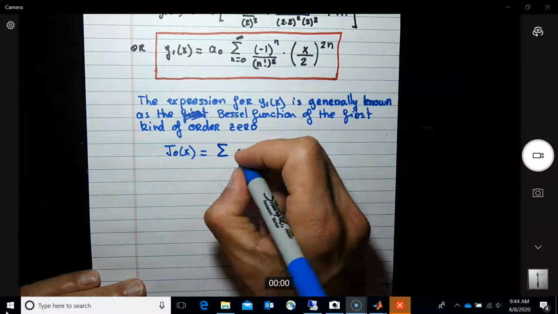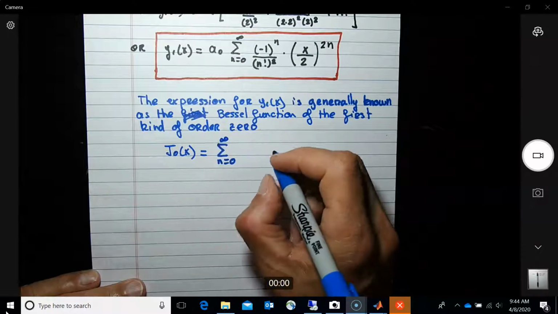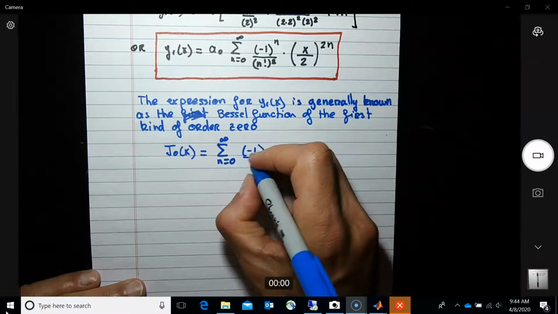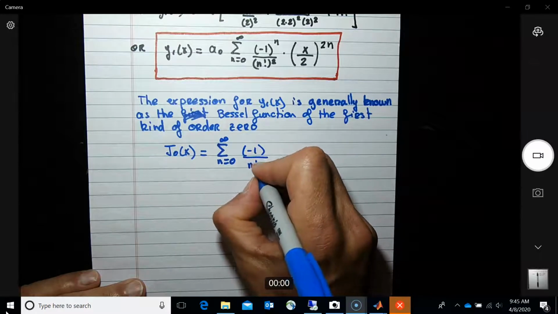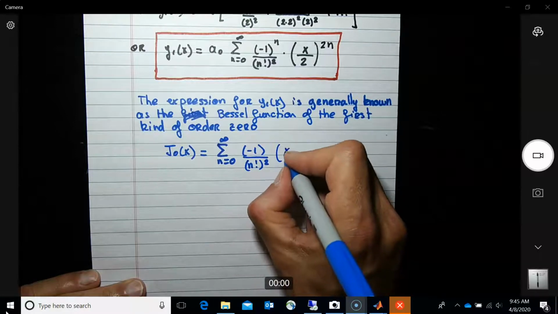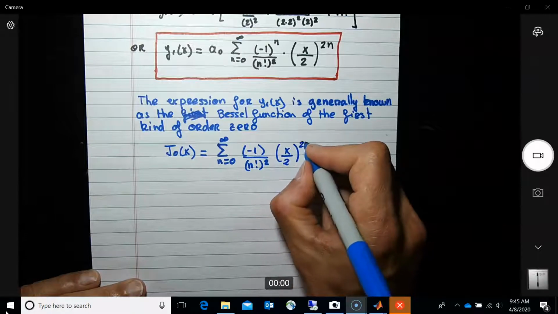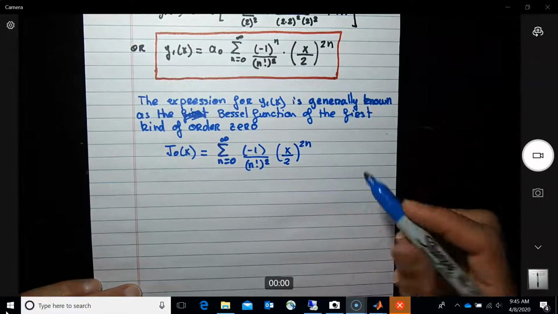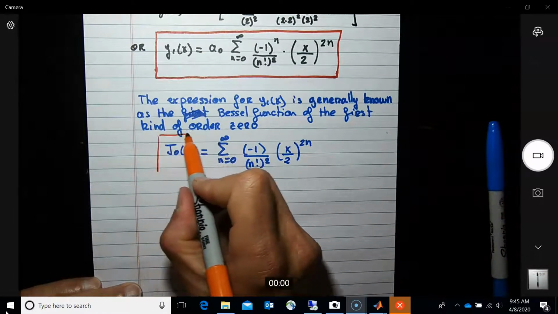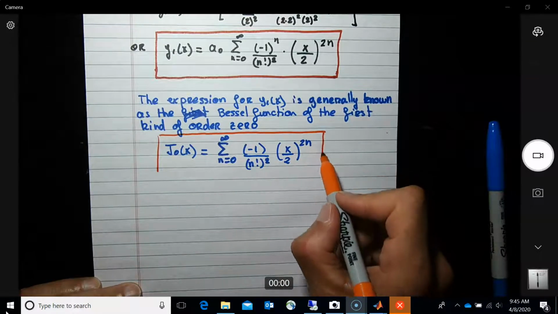summation of n equal to 0 to infinity of minus 1 to the n over n factorial square of x over 2 to the 2n. This is what is known as the Bessel function of the first kind of order 0.